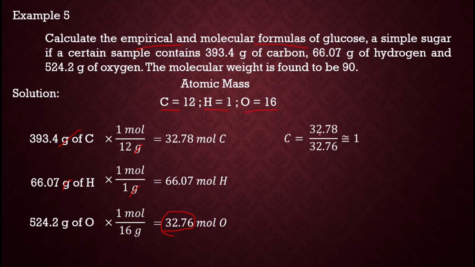Here 32.78 divided by 32.76 is approximately equal to 1. Then for hydrogen, 66.07 over 32.76 is approximately equal to 2. Then for oxygen, 32.76 over 32.76 is equal to 1.